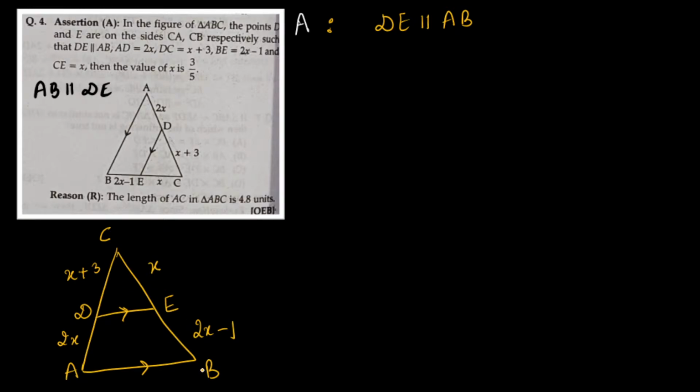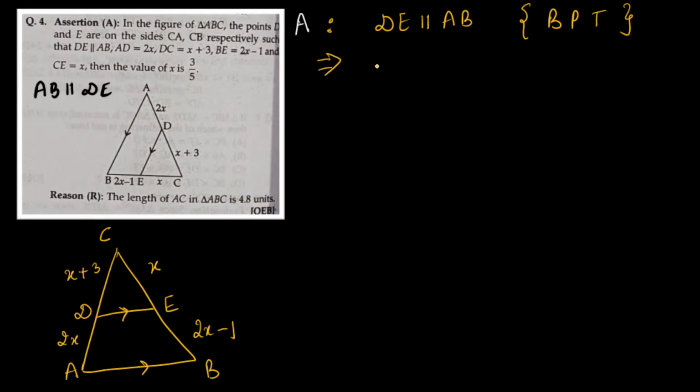Whenever this line DE is parallel to AB, we can use BPT. Other than similarity also we can use BPT. I don't have to find DE and AB here, so that's why I am just using BPT. It involves AC and BC sides.